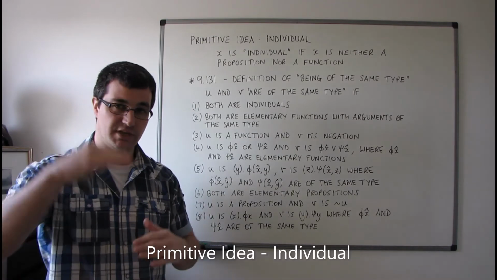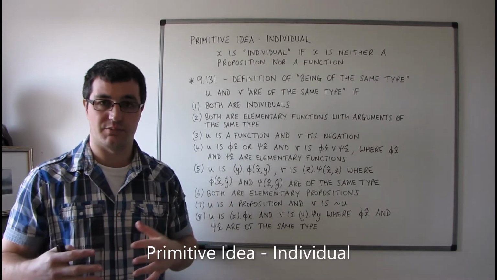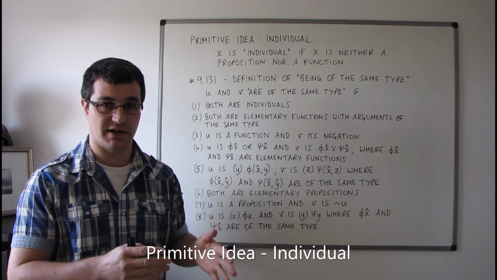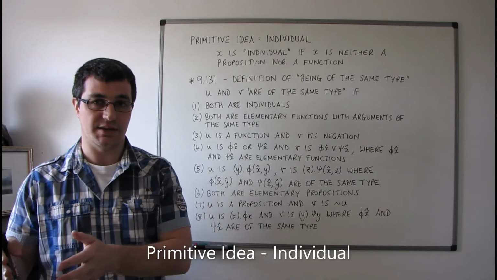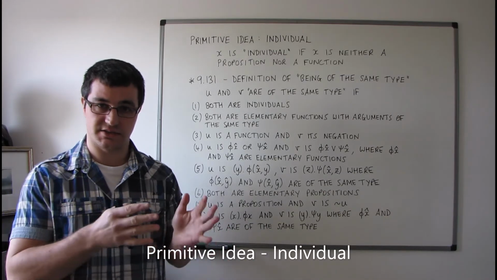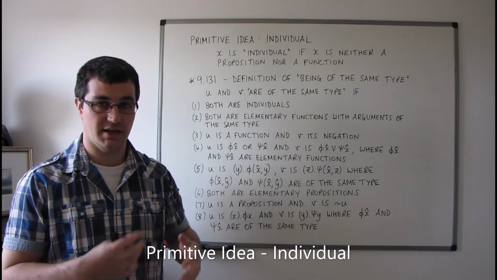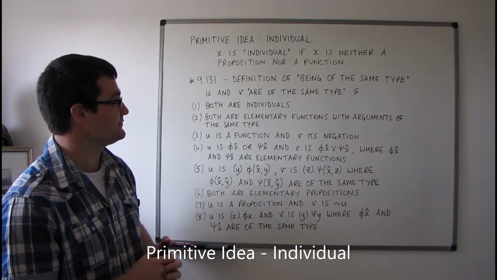And this is what we're going to be using throughout Principia Mathematica, the functional hierarchy, rather than the propositional hierarchy. And it's this that's going to get us out of this problem of systematic ambiguity.